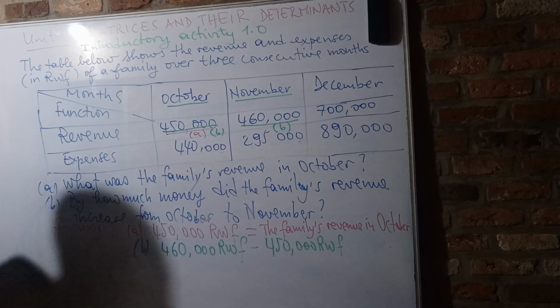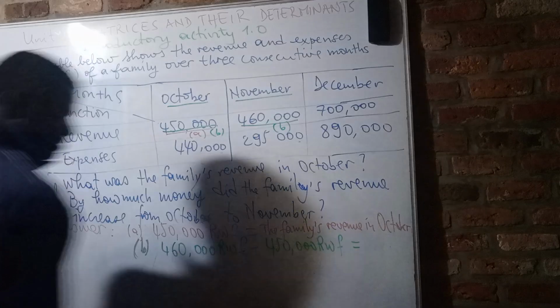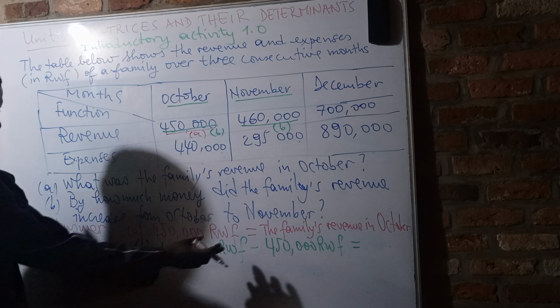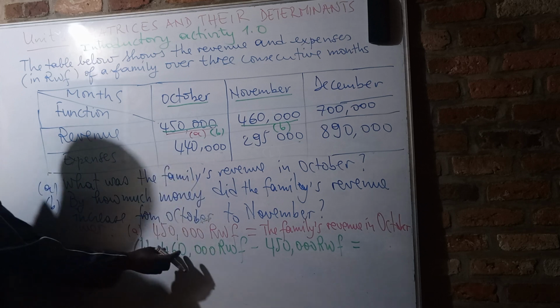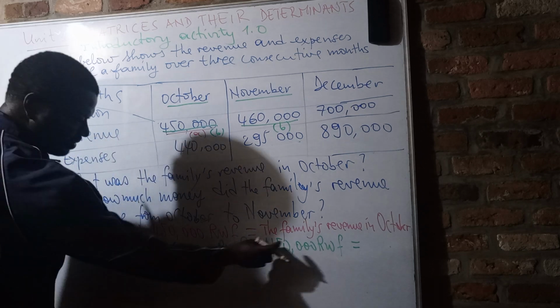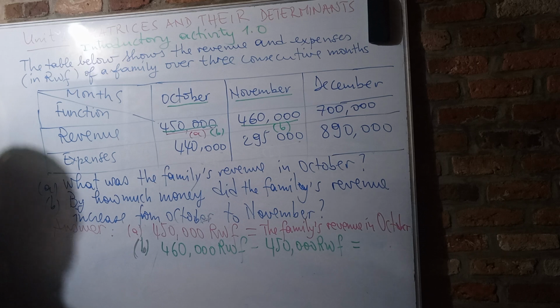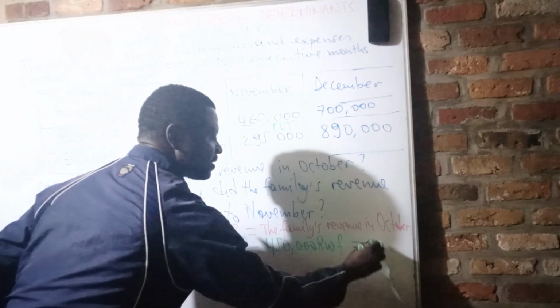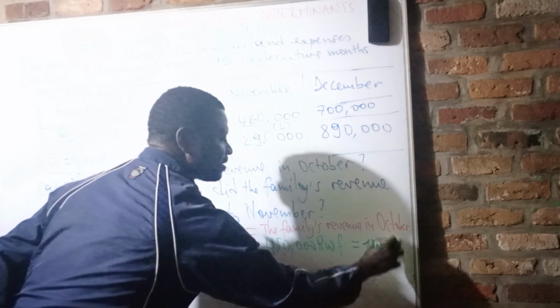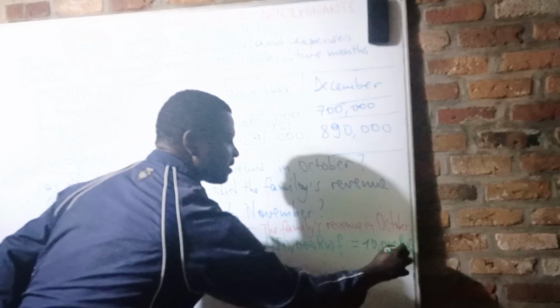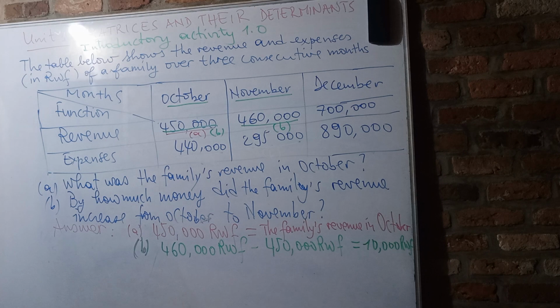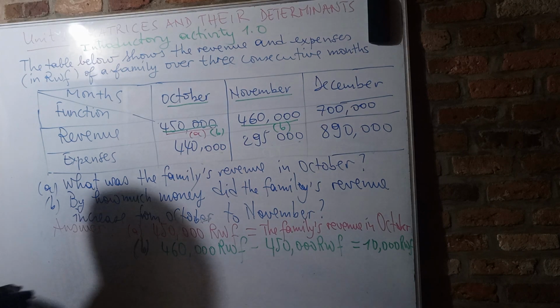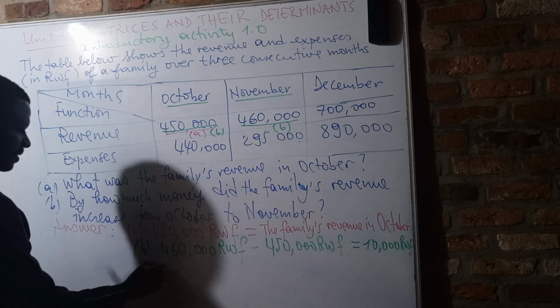So now the difference here is 460,000 minus 450,000, difference is 10,000 francs. Now what is this amount?